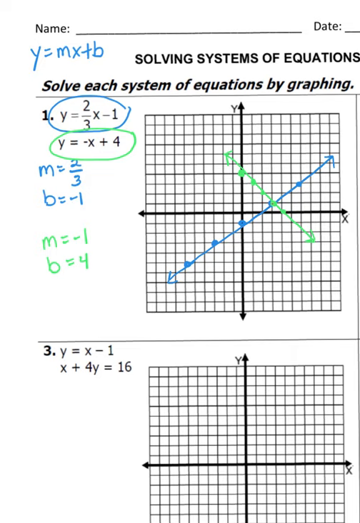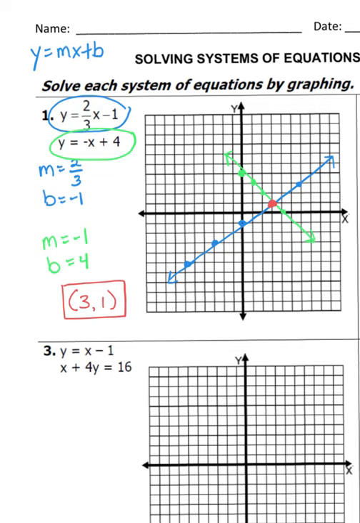If you see, my two lines intersect right here, so that is going to be my solution. So I'll write that as an ordered pair. If I go 1, 2, 3, my 3 is my x value, 1 is my y value. This is the solution to my system of equations.